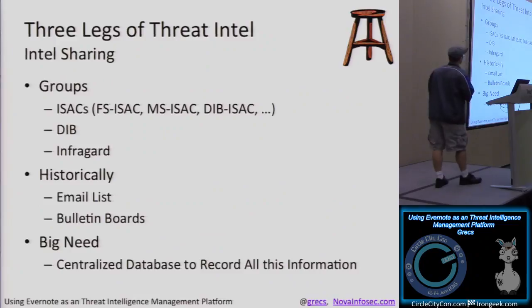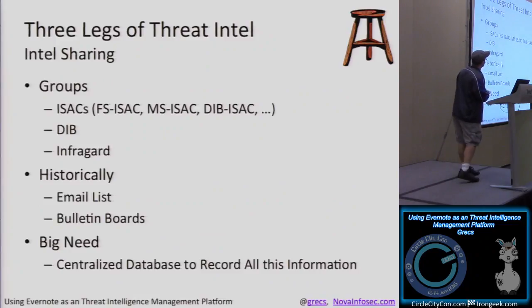So the next category of threat intel is intel sharing groups. There's a bunch of these. There's official ones like the different ISACs. If you're in the DoD realm, there's the DIB. There's organizations like InfraGard too. And then there's a lot of, I guess, secret ones, where people that have worked together for years and years have their own little threat intel sharing lists or whatever.